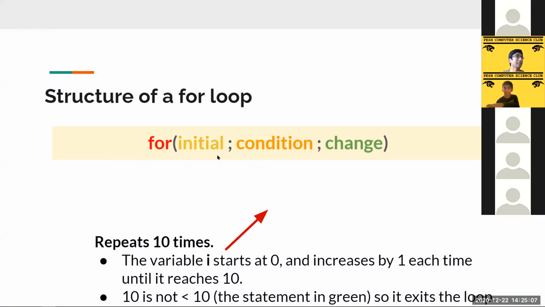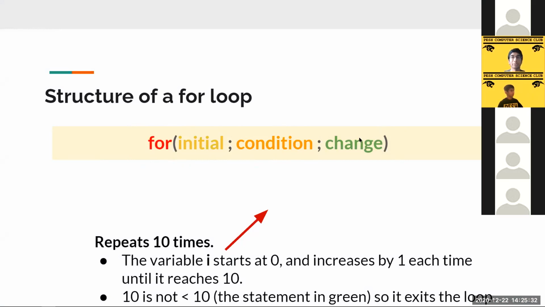So this is a for loop, and in a for loop, you have a for, and then you have these parentheses. In the parentheses, you first need to initialize a variable, and then you need a condition. This condition is when the for loop will stop.